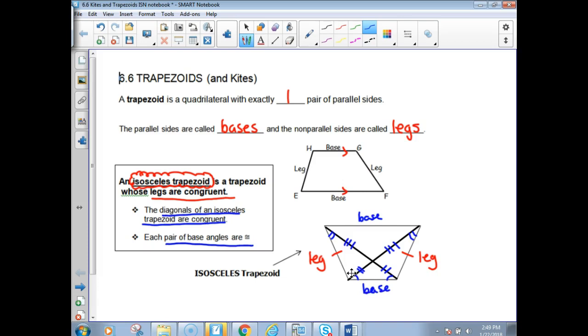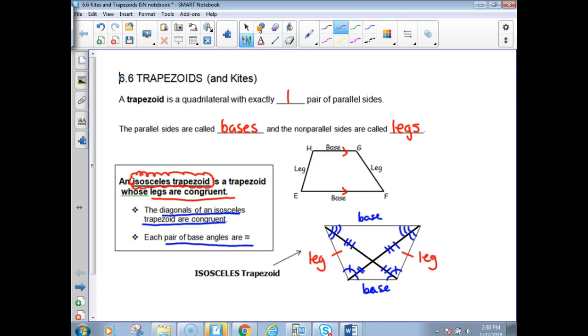I need to somehow show that this angle, I'm going to do 3 arcs, is congruent to this one over here. And then I don't feel like doing 4 arcs down here on these guys. So I'm going to do an arc with a slash through it. That's a new marking. And those angles are congruent to one another.